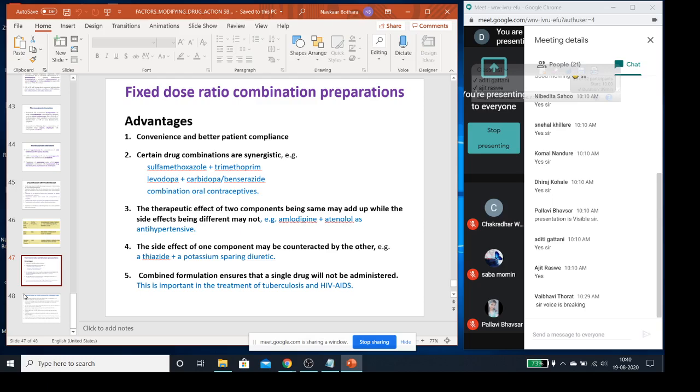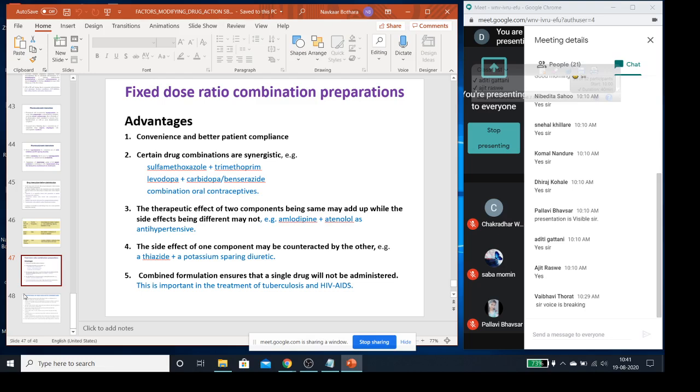For example, a thiazide is a diuretic which causes loss of potassium, and because of that it changes the fluid electrolyte balance of the body. It can cause hypokalemia. Now there is another diuretic which causes sparing of potassium, meaning it will not allow potassium to be excreted. Diuretics are the agents which cause an increase in urine formation and urine excretion.